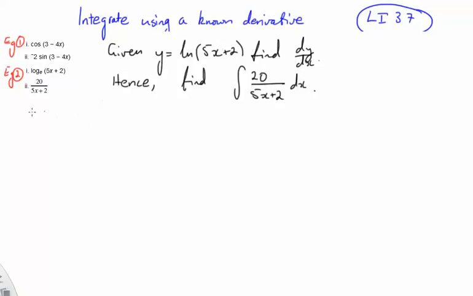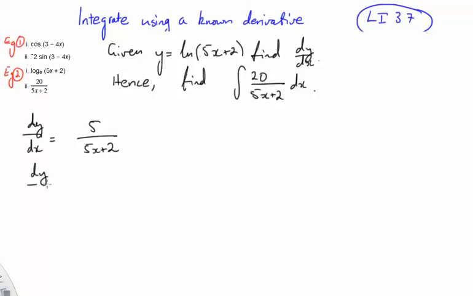Let's find dy/dx. dy/dx is the diff over the original, 5 on 5x plus 2. Now we want to find 20 on 5x plus 2. Well, we need to make this look a bit more like this.